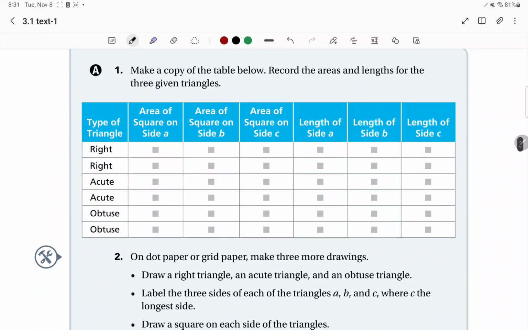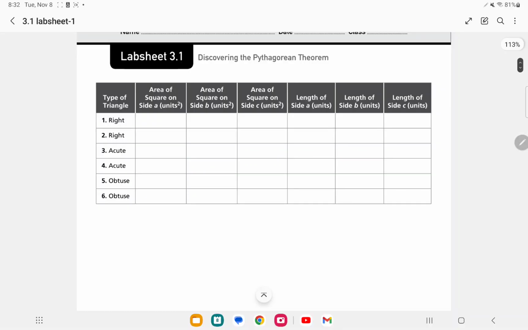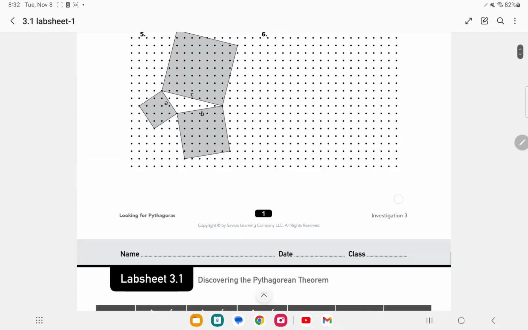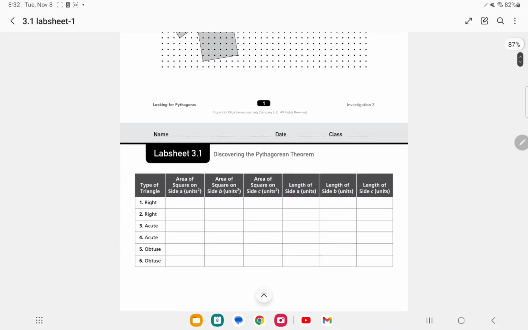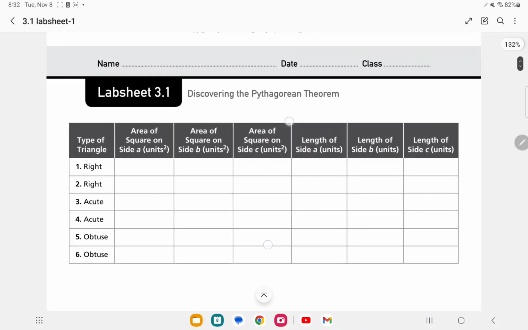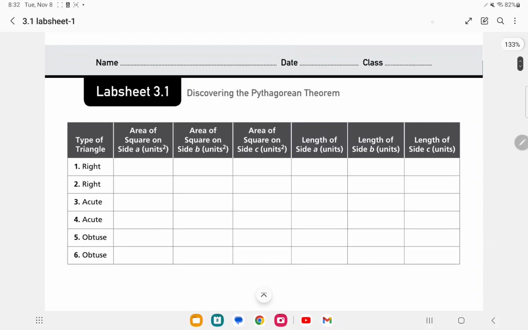So first of all, let's go ahead and make a copy of the table below. You can do this in your notes, or you can look at the lab sheet. The lab sheet's available on my website, or you might have been given it in class, but here is the lab sheet, and we're going to go ahead and fill that out. And you are using these triangles up here, right? So 1, 3, and 5, they give you those. 1 is a right, 3 is an acute.